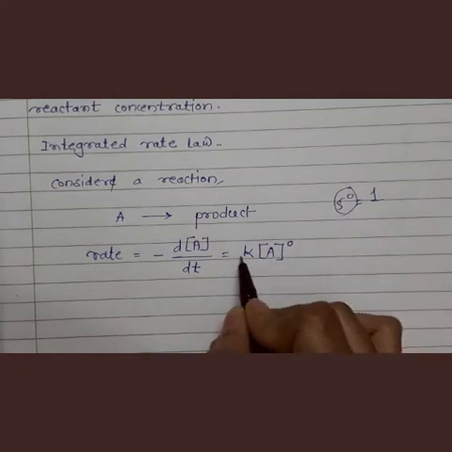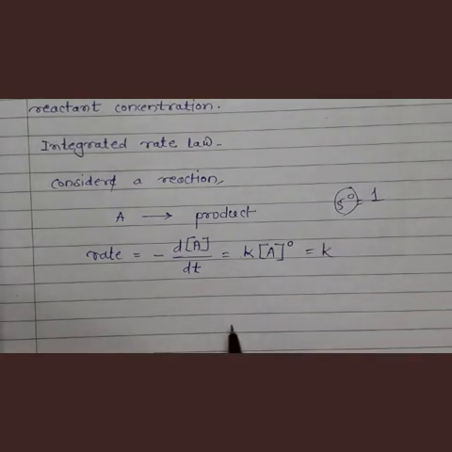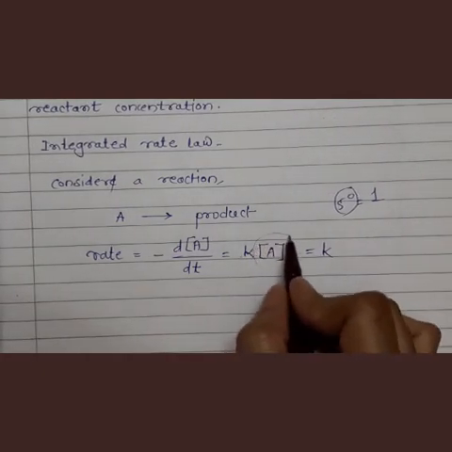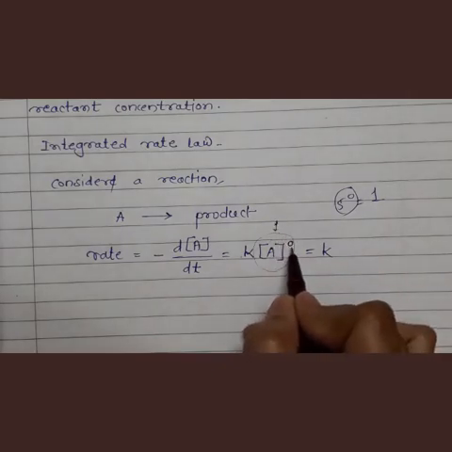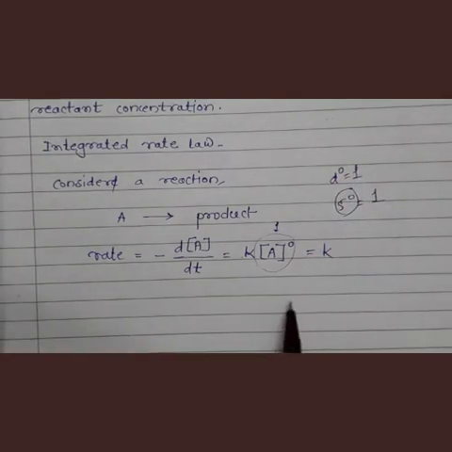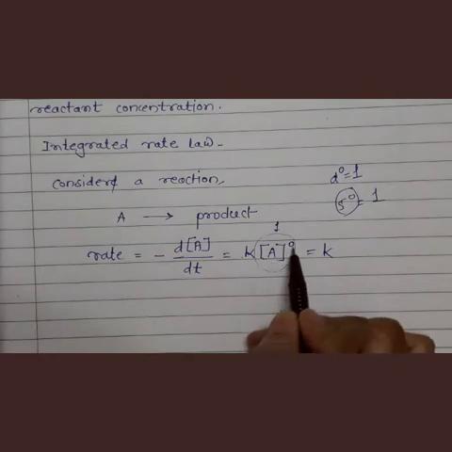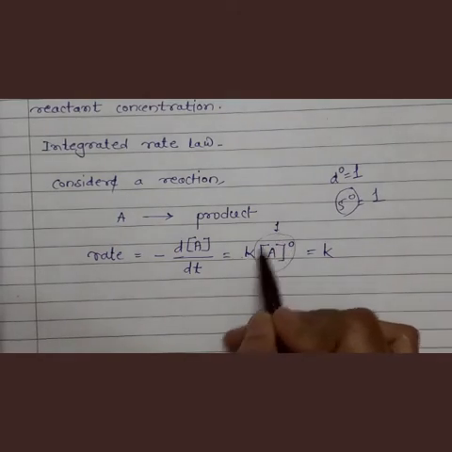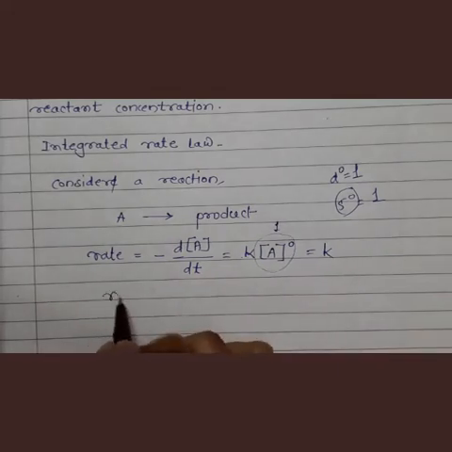That means k multiplied by 1 is equal to k only. Its value will become 1 because its exponent is 0 and we have the rule a raised to the power 0 is equal to 1. So concentration of A raised to the power 0 is equal to 1, k multiplied by 1 will become k. So this will be the rate law.